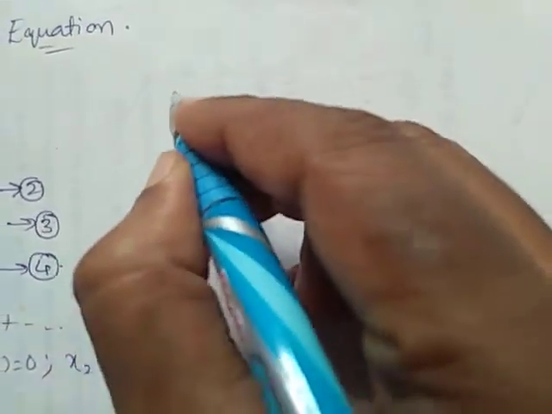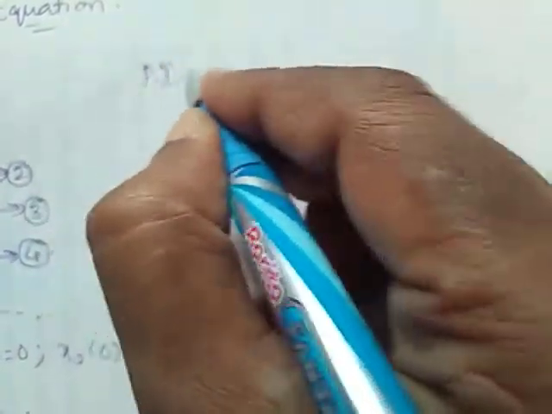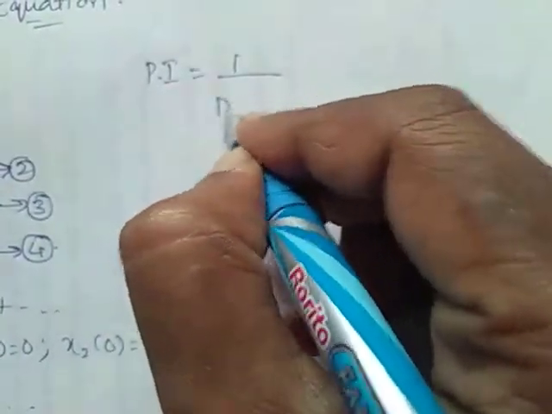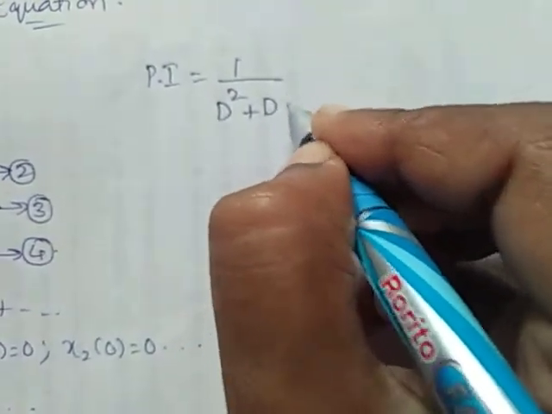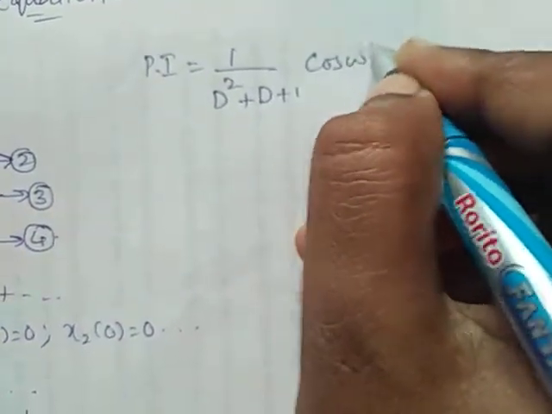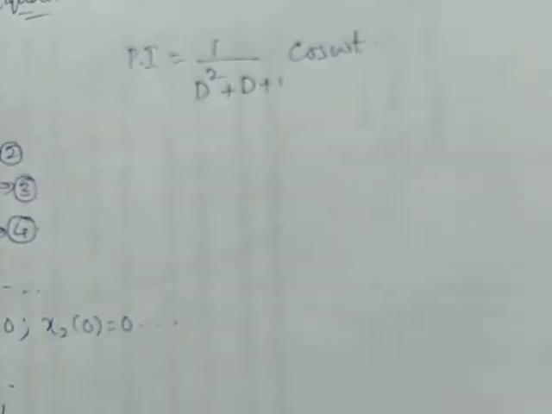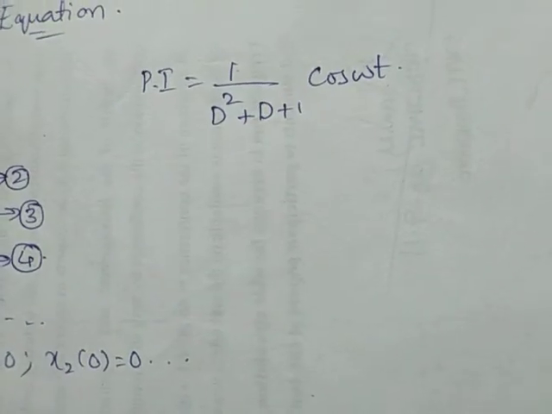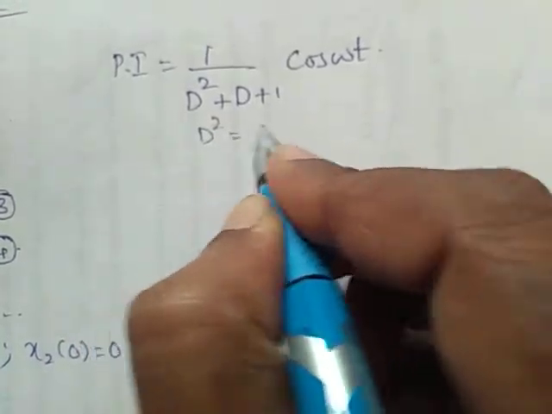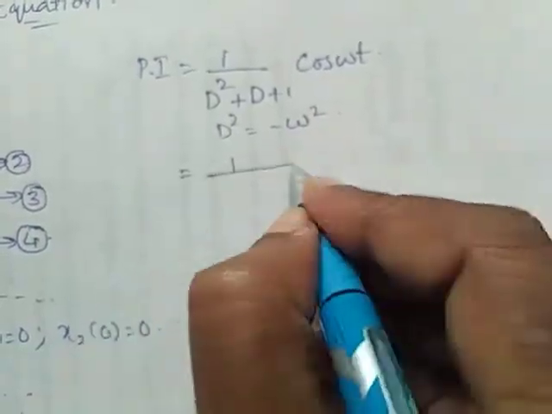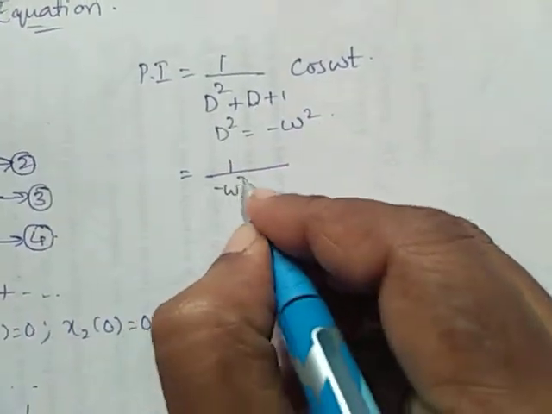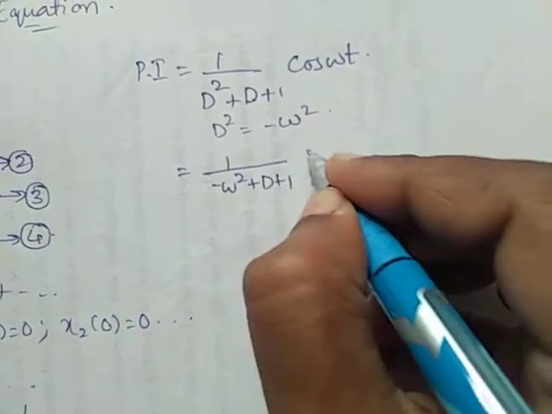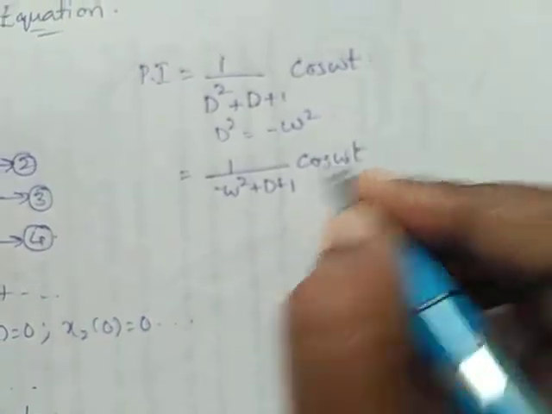To find the particular integral, 1 by (d square plus d plus 1) cos omega t. We have to substitute d square equal to minus omega square. So what will we get here? 1 by (minus omega square plus d plus 1) cos omega t.